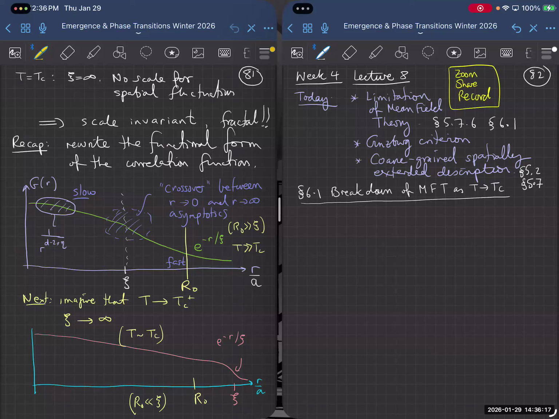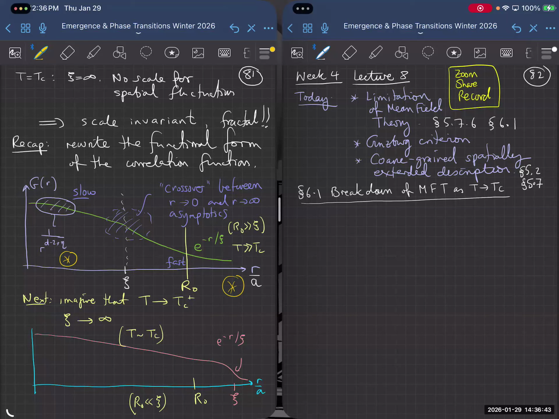At large distances, it behaves exponentially, as shown on the left-hand panel, and at small distances, it behaves as a power law. As the correlation length increases, the scale at which you cross over between those two asymptotic forms moves to larger and larger distances.